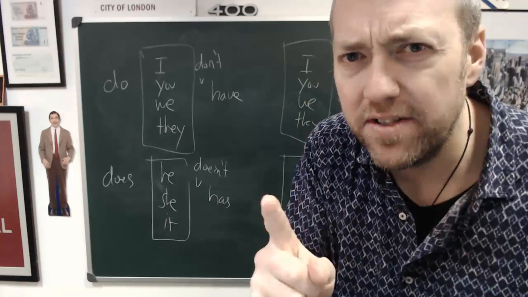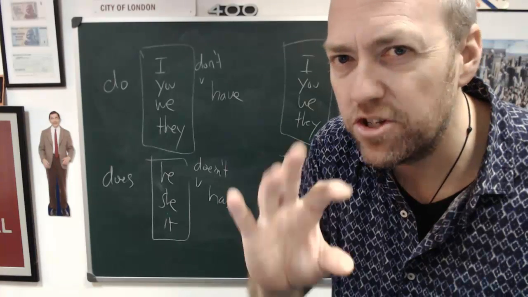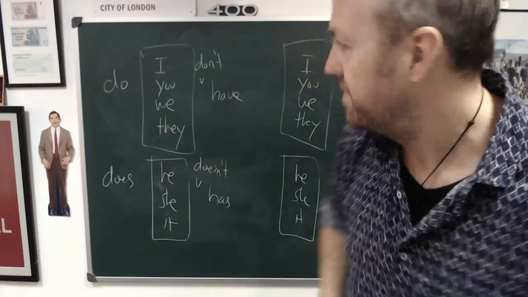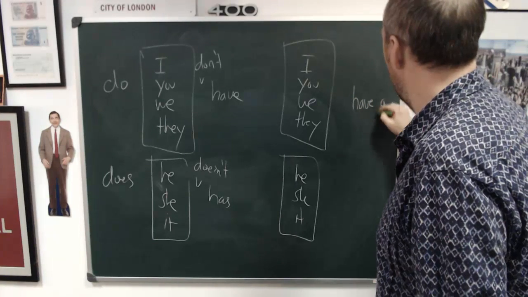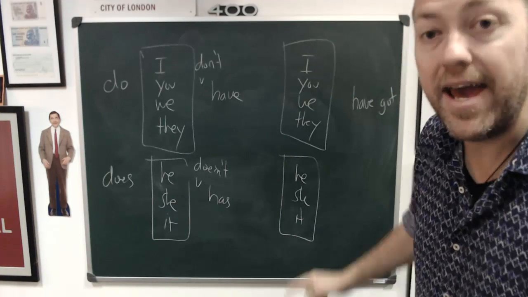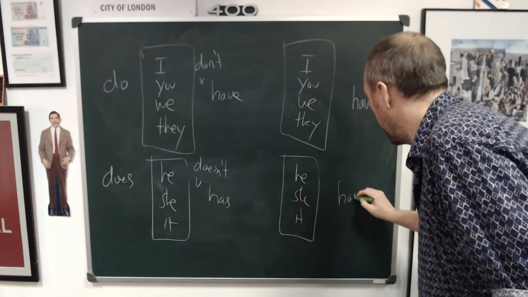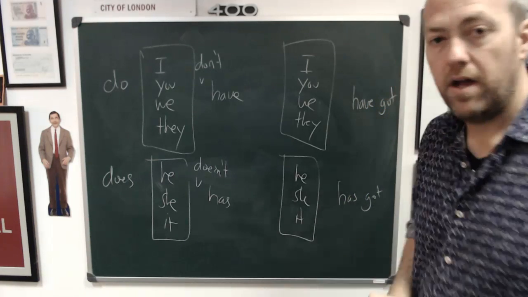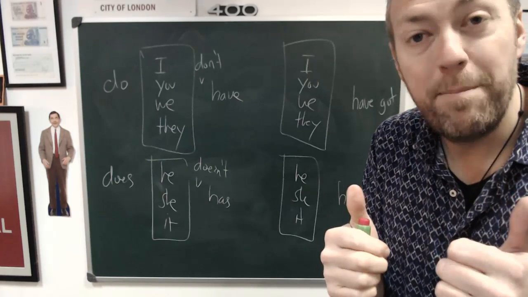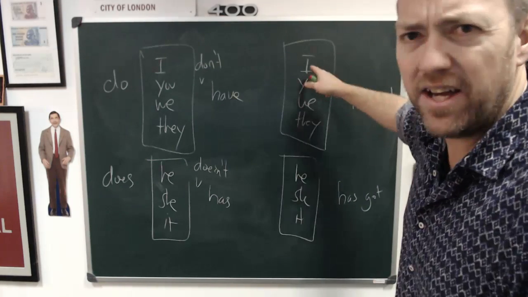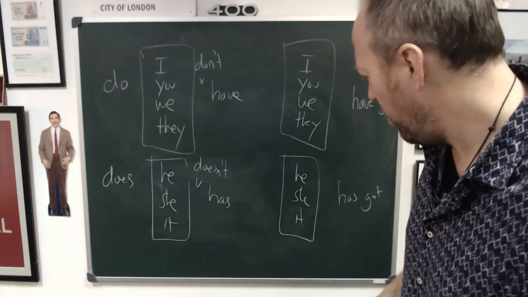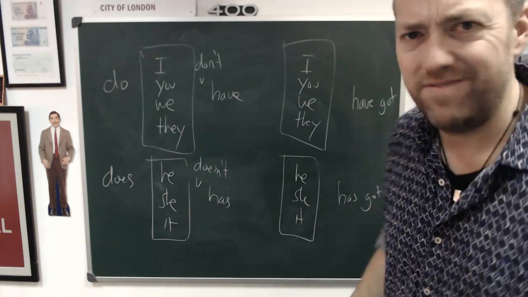But have got is different. Its conjugation is totally different. Have got, okay, and has got. Okay, perfect. But what about the negative? Do we say, I don't have got, or he doesn't have got?